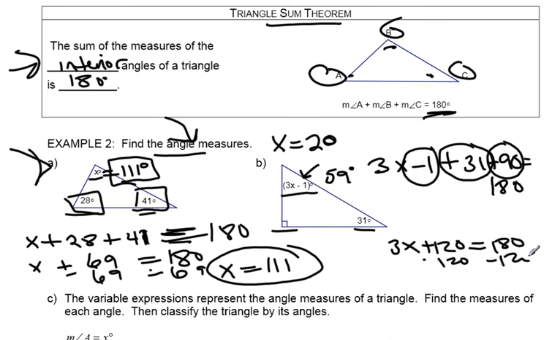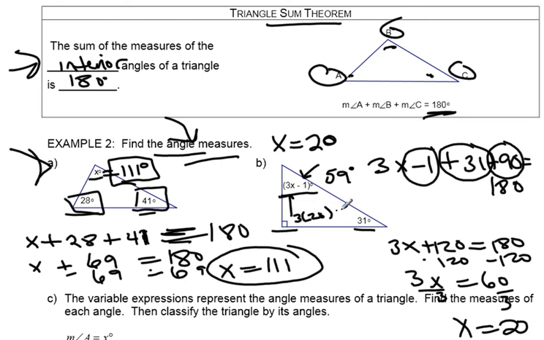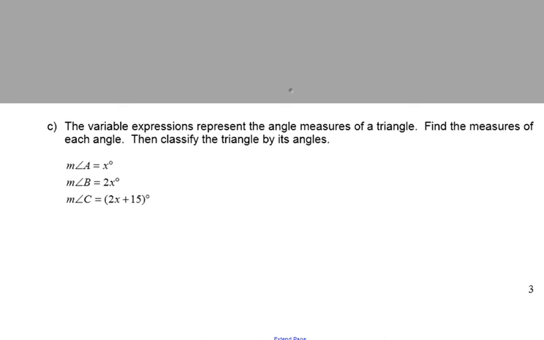I'm going to subtract 120 from both sides. So 3x equals 60. Divide by 3. So x is 20. To find my angle measure, I do this angle here, 3 times 20 minus 1, which is 60, minus 1, which is 59. Okay, go ahead and try letter C.